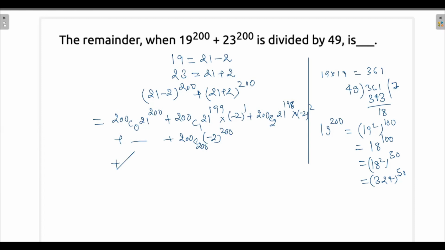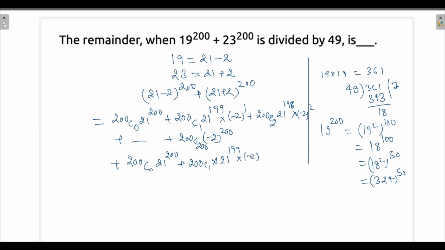What do I get in the second part is basically 200C0 again, the first term, into 21 raised to the power 200, and then plus 200C1 into 21 raised to the power 199 into 2 raised to the power 1.